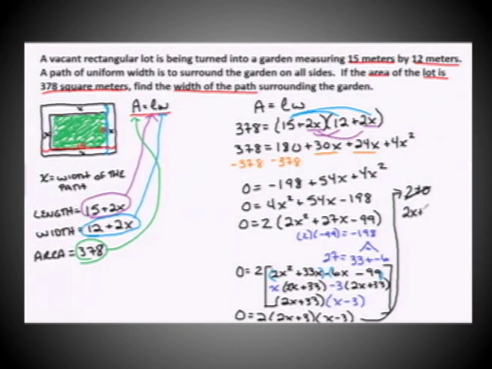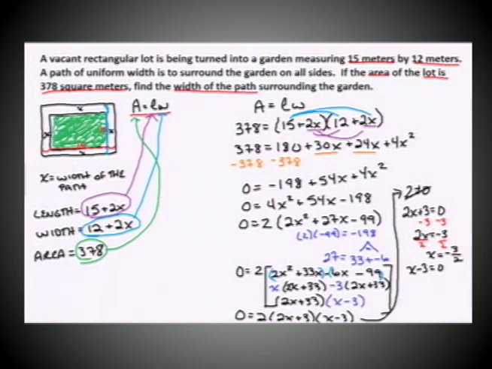But 2x plus 33 could equal 0, and x minus 3 can equal 0. So for this first one, I first subtract 33 from both sides and get 2x is equal to -33. Divide by 2, and I get x is equal to -33 halves.